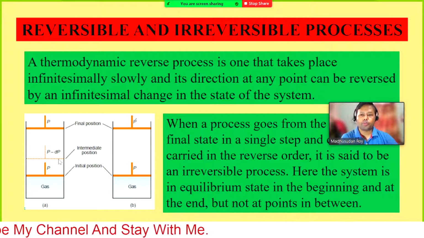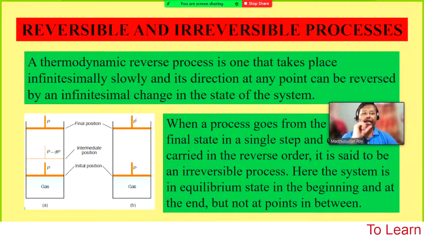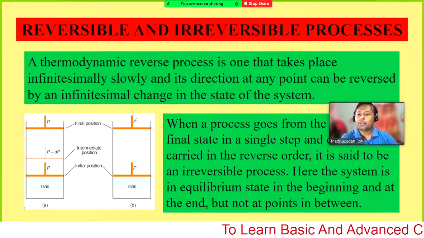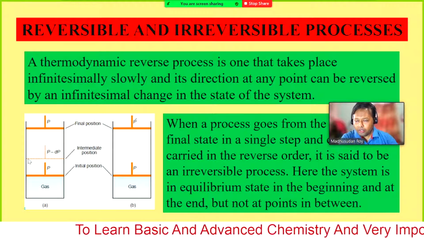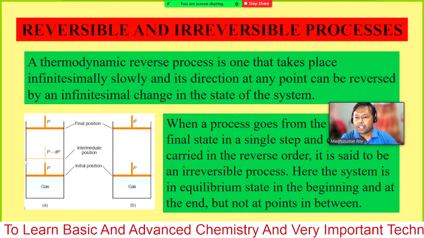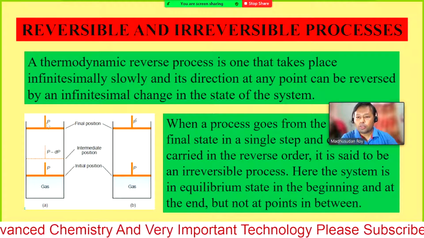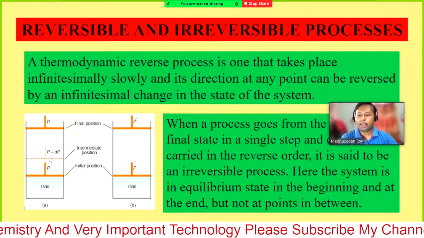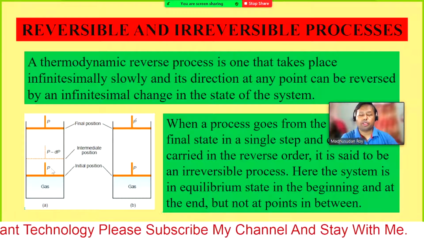Now if you put the piston or if you put little bit pressure, very small, very little bit, to reduce the volume of the gas, here if it was here in the initial stage, now if you increase the pressure over the piston, in that case the volume of the gas will decrease a little bit.